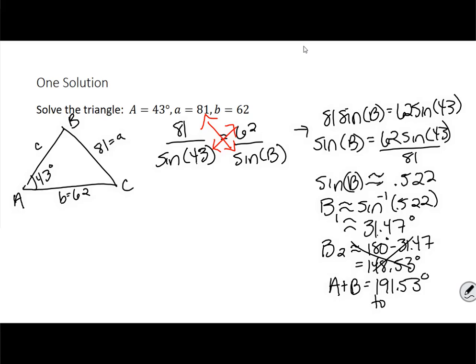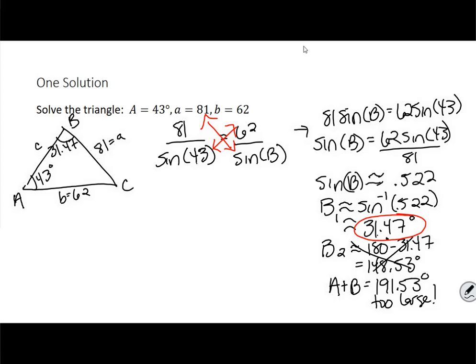This is too large. All right, so I only have one angle choice for angle B, and that's 31.47. So B is 31.47.